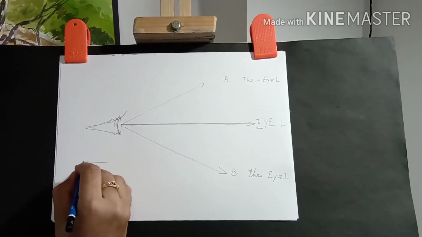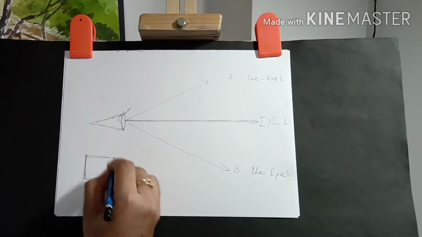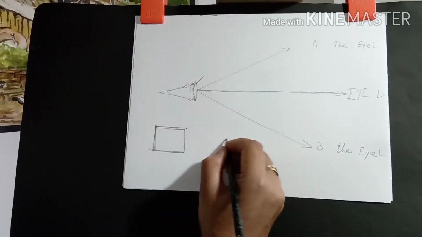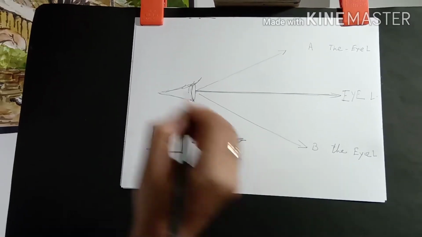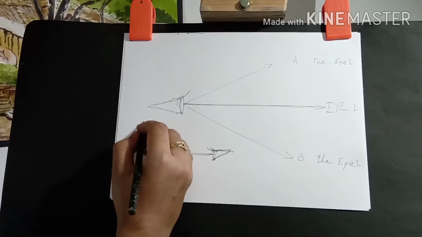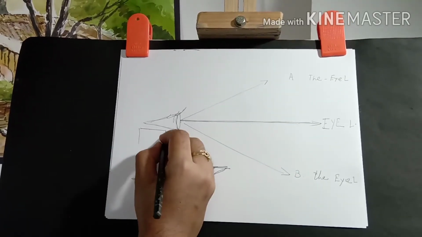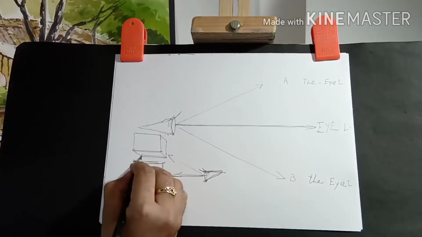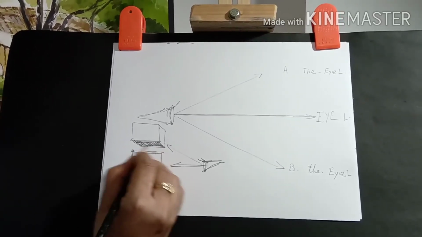Suppose it is one box. Now my eye level is here. I can see the box straight. If this box is here, then I can see this part of this box.